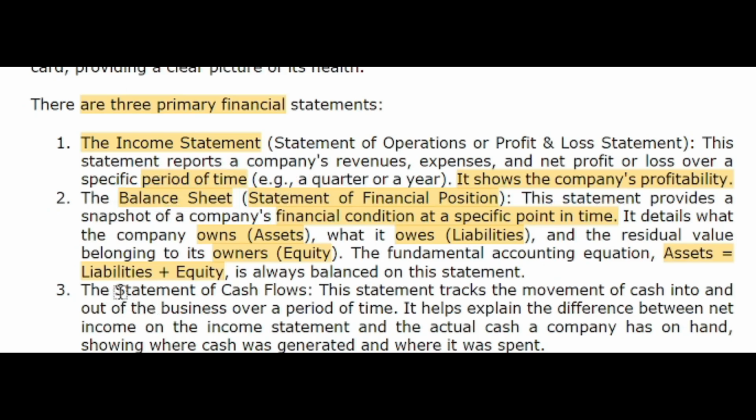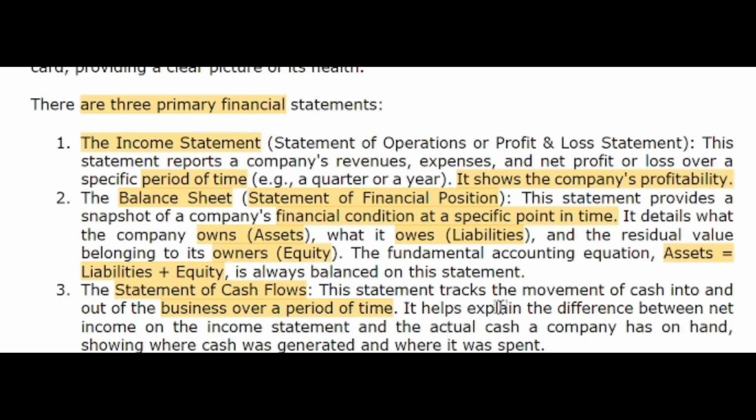The third statement is the statement of cash flow, which tracks the movement of cash into and out of the business over a period of time. It records the cash inflow into the business and also the cash outflow over a period of time.